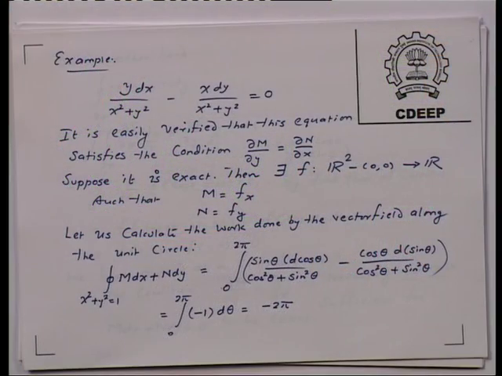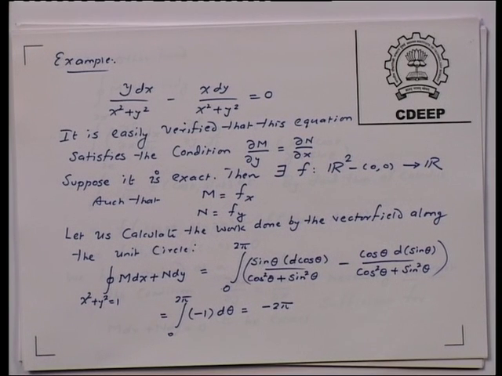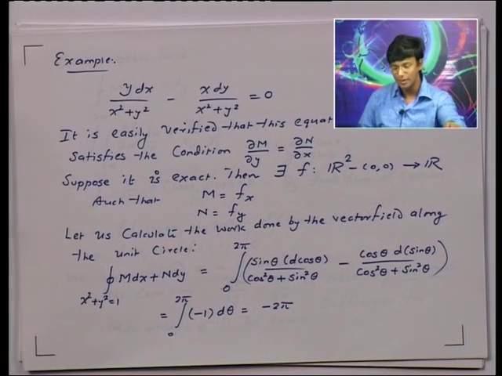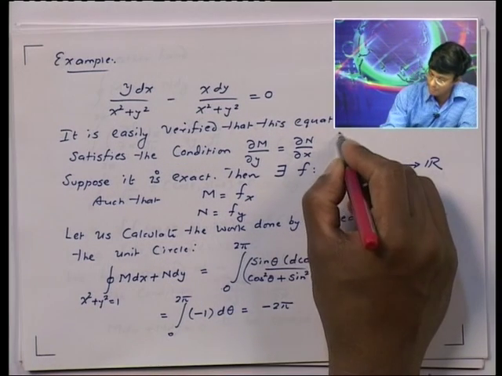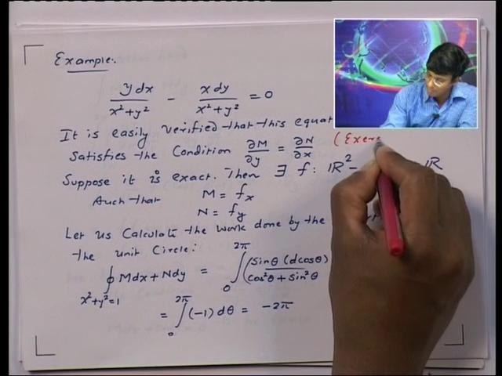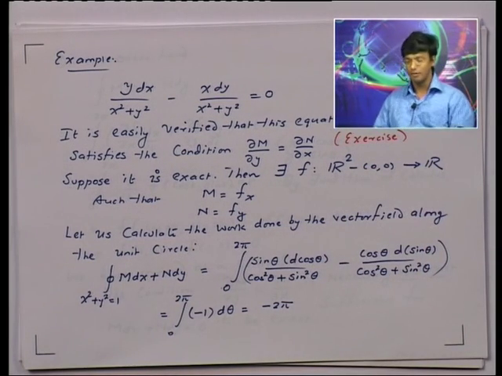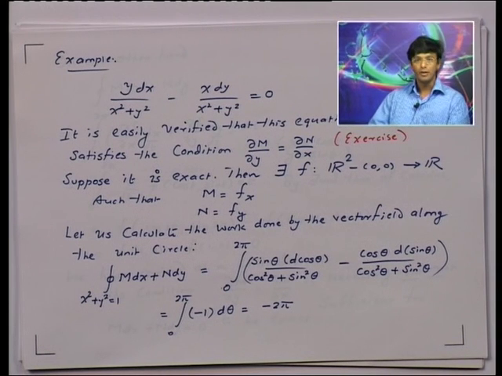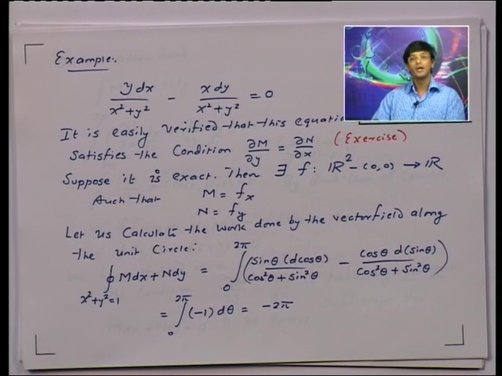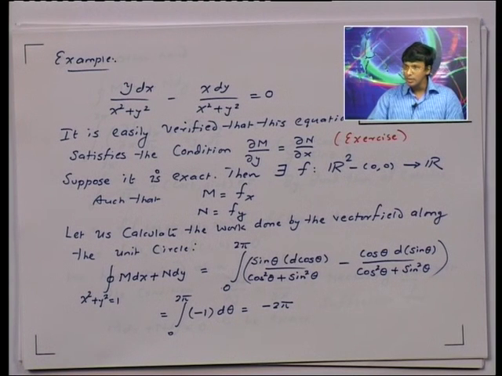Okay. Let us look at the following example: y dx upon x squared plus y squared minus x dy upon x squared plus y squared. This differential equation satisfies the condition del m by del y equal to del n by del x, and that is an exercise. Check that this satisfies the condition.